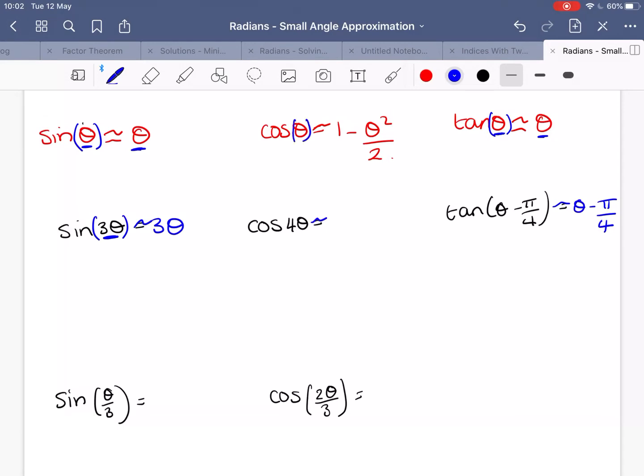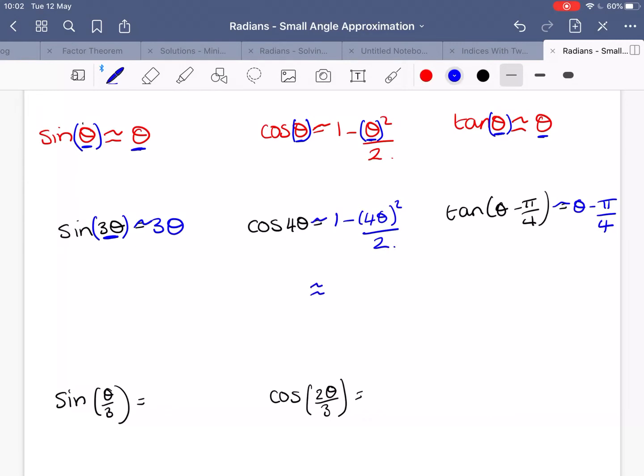Because again, if I go back to my cos theta equals 1 minus theta squared over 2, well, the argument is in that. It's the 4 theta. So when I do the cos of 4 theta, I've got 1 minus my argument squared, so I've got the 4 theta squared and still divided by 2, okay?